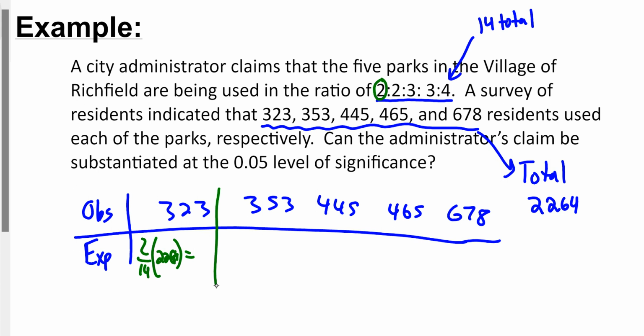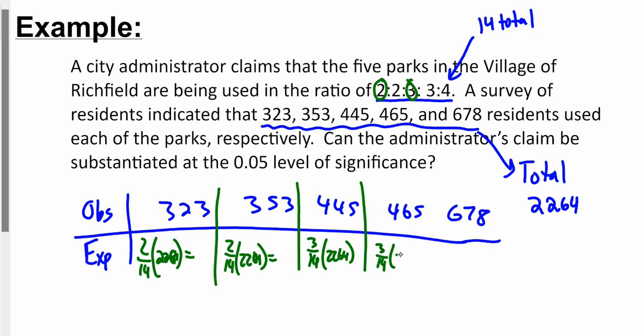For this one, it's also 2 out of 14 times 2264. This one has 3, so we'd have 3 out of the 14 times 2264. We'd have the same thing here, 3 out of 14 times 2264. And the last one would end up being 4 out of 14. So that's how you can find the expected counts if you're given certain proportions.